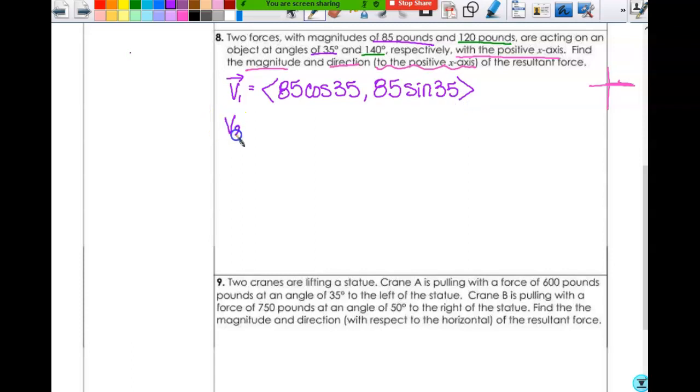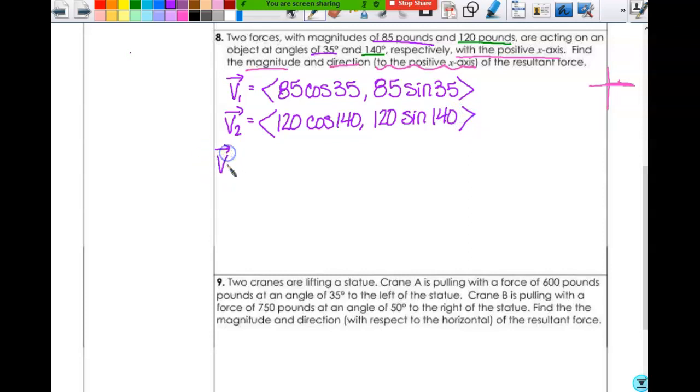Then for the second vector, I will have 120 times the cosine of 140, and then 120 times the sine of 140.